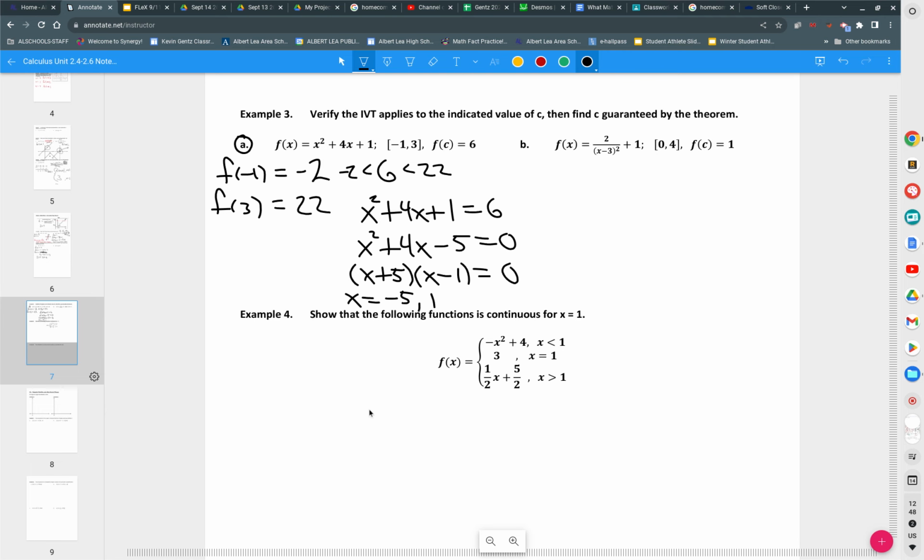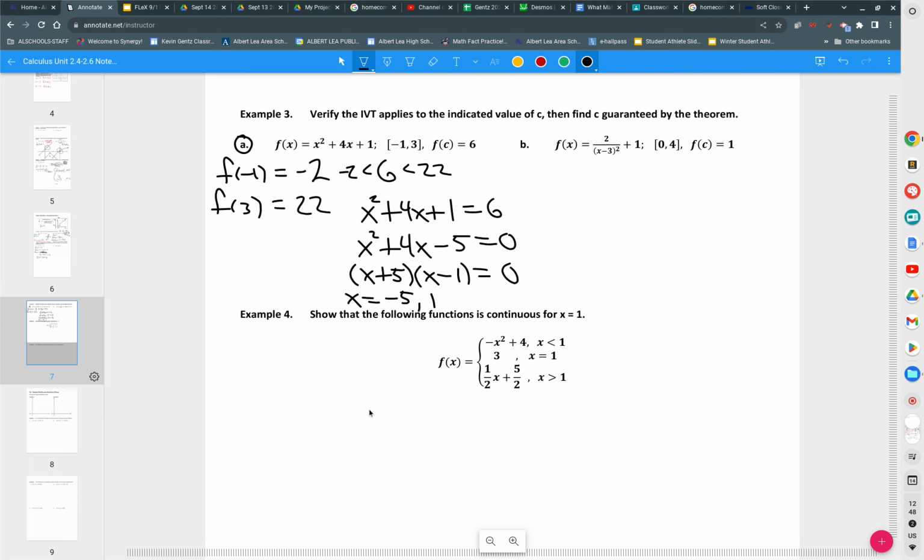I want you to look at your solutions, have a conversation with the person next to you. Is the answer both of them, one of them, or neither of them? Talk, decide, go. 5, 4, 3, 2, 1.